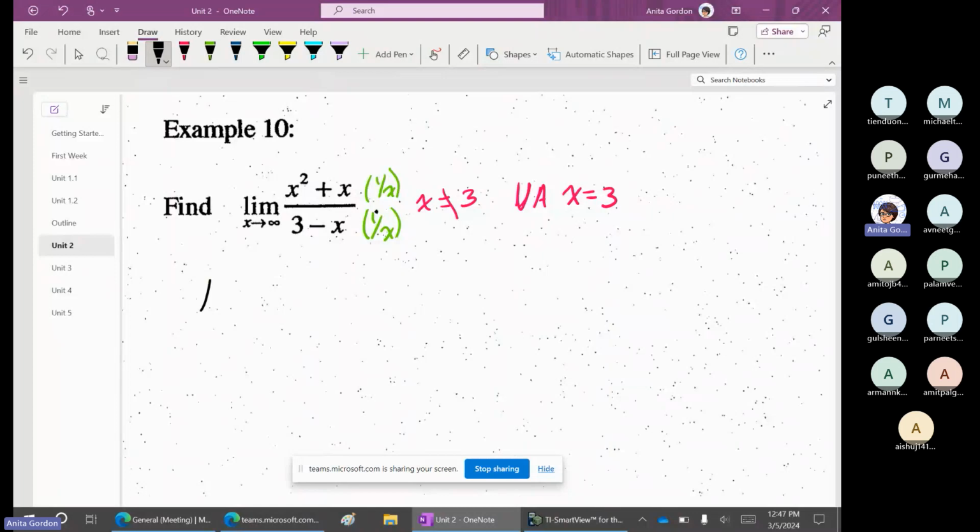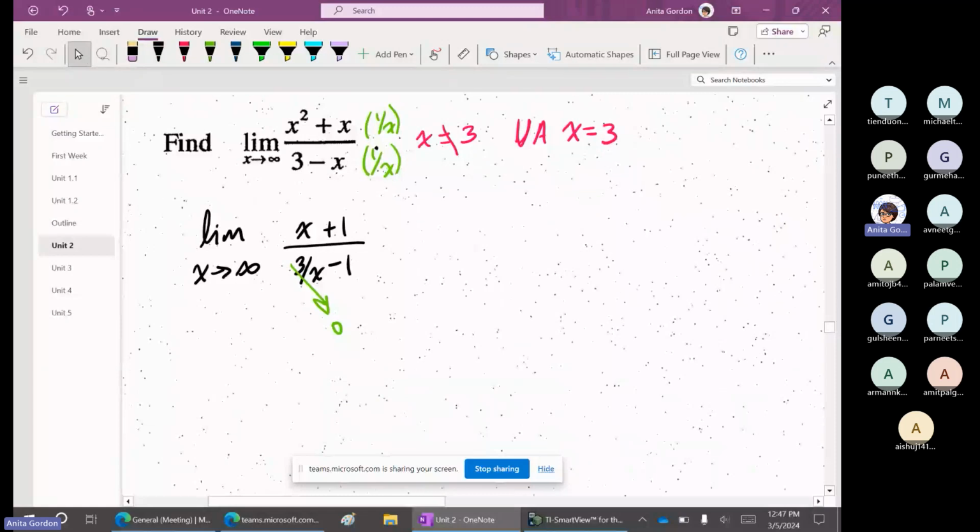Yes, highest degree in the denominator. So this will give me x plus 1 over 3 over x minus 1. What term goes to 0? 3 over x. Okay, so then I'm left with negative x minus 1 over 1.